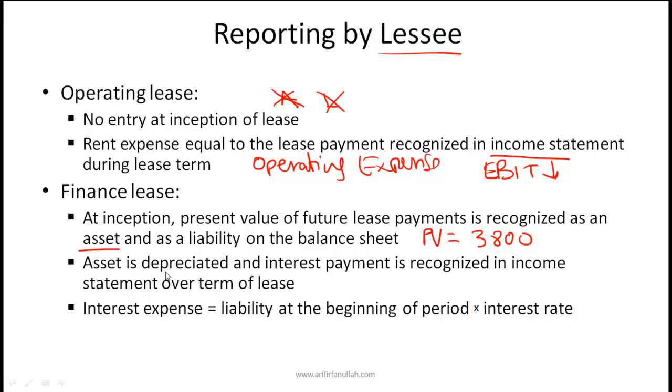Then the asset is depreciated over the life of the asset, and the interest payment is recognized in the income statement over the term of the lease. And the interest expense, as always, is equal to the lease liability at the beginning of the period times the relevant interest rate for this lease.